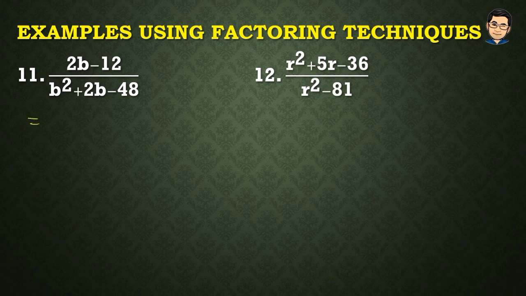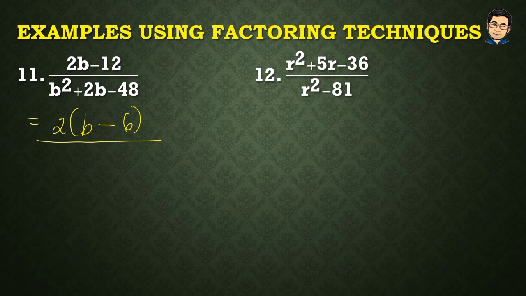So, yung greatest common factor ng 2b tsaka negative 12 is 2. So, 2b minus 12 divided by 2, that is b minus 6.